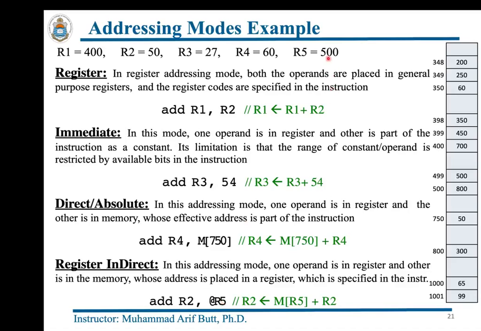R5 contains 500 and the memory address 500 contains 800. So this 800 is added to 50, and the contents of the R2 register after this instruction gets executed is 850.